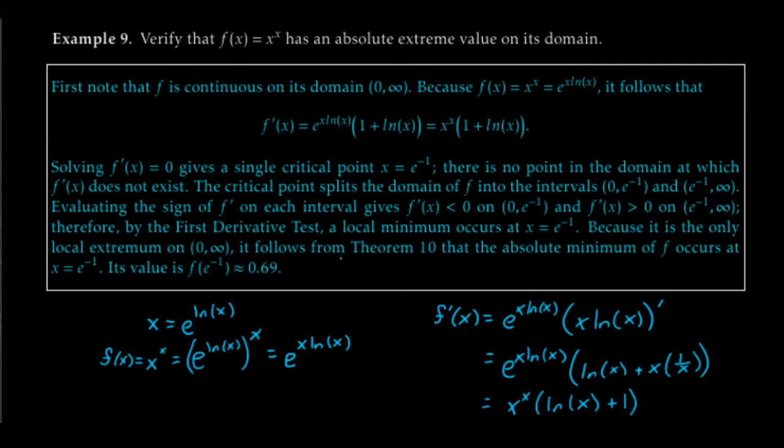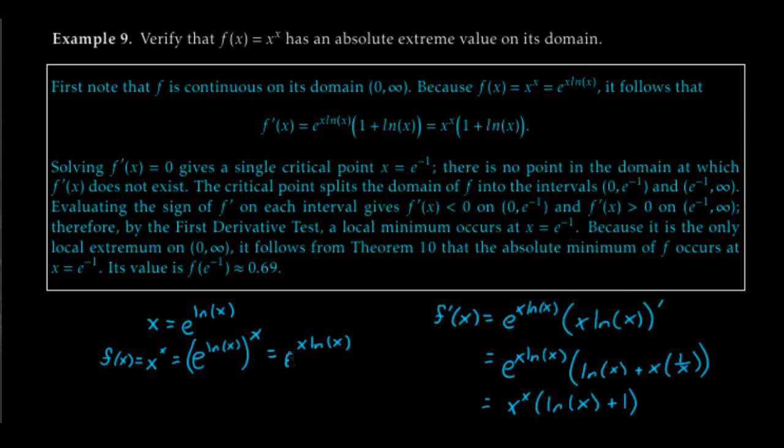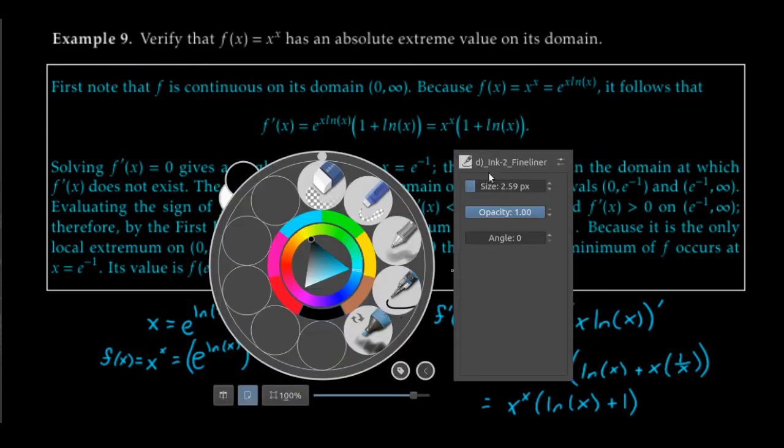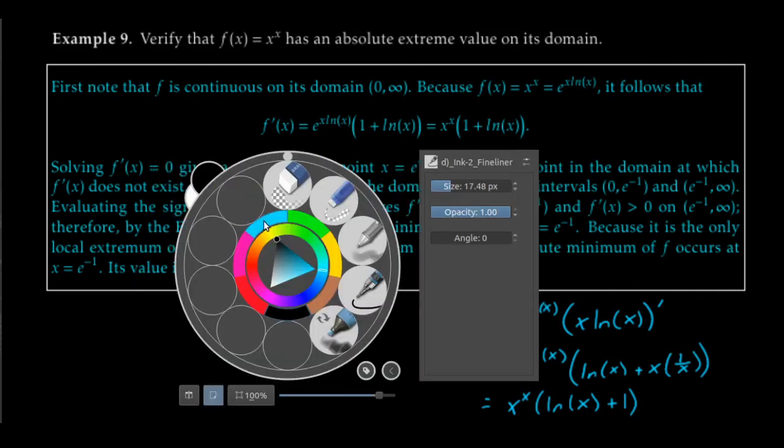So the thing to notice here is that x to the x is non-zero. So the only way we can get 0 out of the derivative is if we have 1 plus the natural log of x equal to 0.